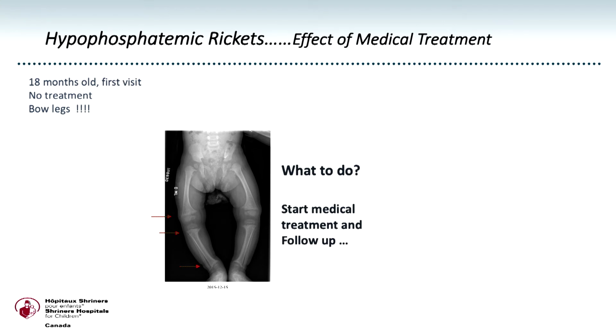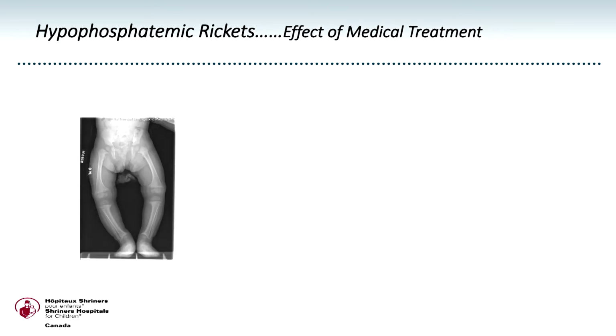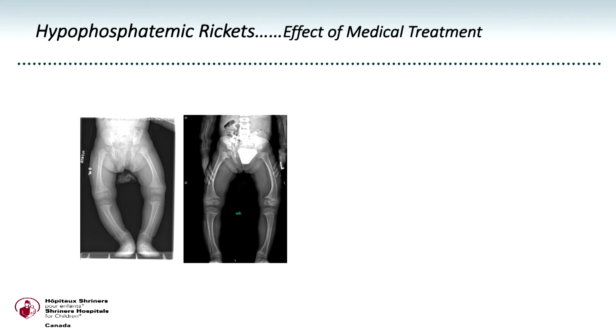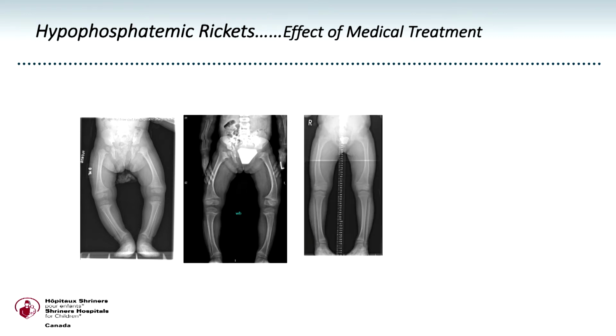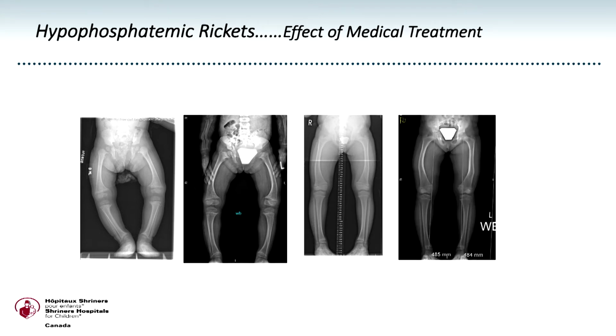This is an example of a case: an 18-month-old kid coming with bowed legs, diagnosed with hypophosphatemic rickets. With follow-up and medical treatment, without any surgical intervention, you can see the deformity is improving.